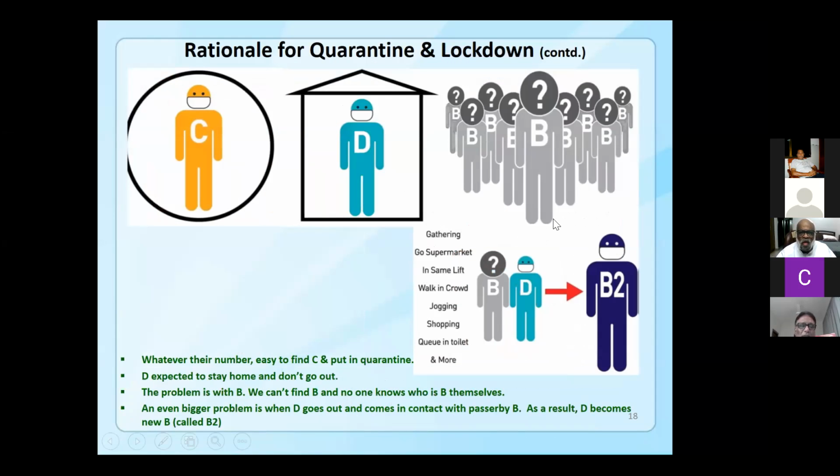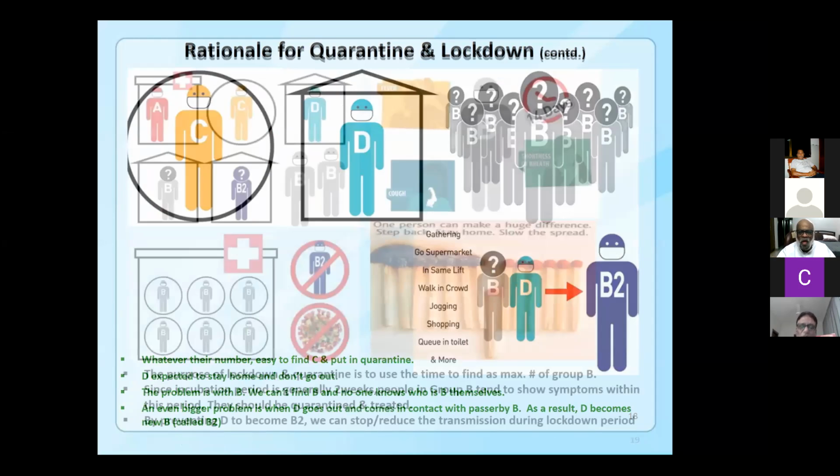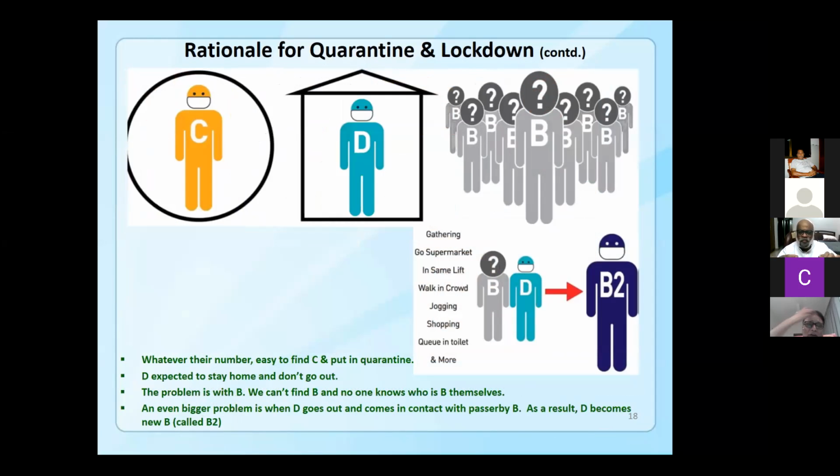So it's easy to find C and put them in quarantine. D is expected to stay at home. So they don't go out. They're not much of a problem. The problem is with B. We can't find B, and no one knows who B is themselves.